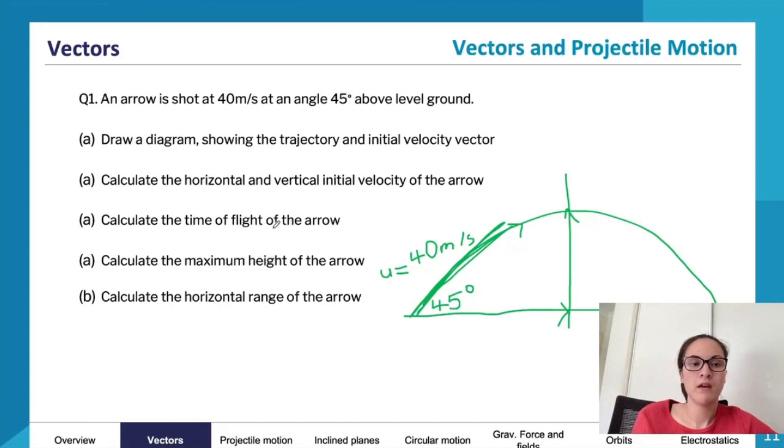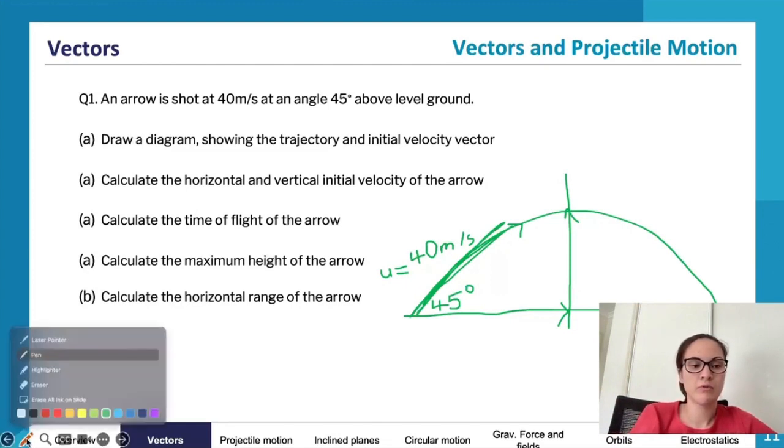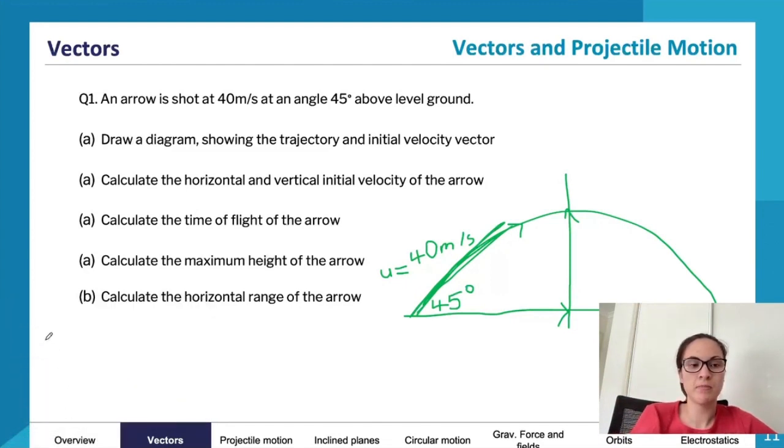Okay. Now we need to calculate the horizontal and vertical initial velocity of the arrow. So we'll probably do it on this page as well. Call it B. I don't know how to do all the letters. Sorry about that. Okay. So you might be thinking, okay, how on earth do we calculate Uy and how on earth do we calculate Ux? If you've already started this, then terrific.